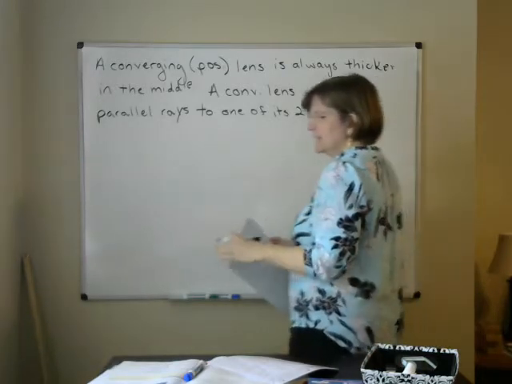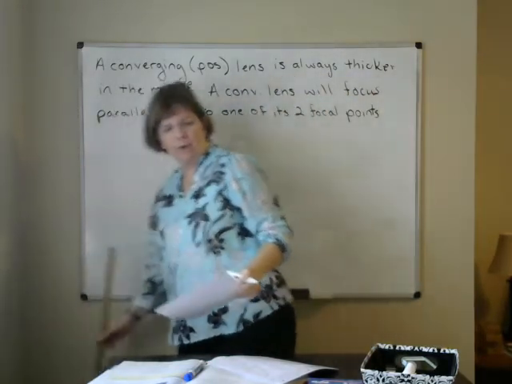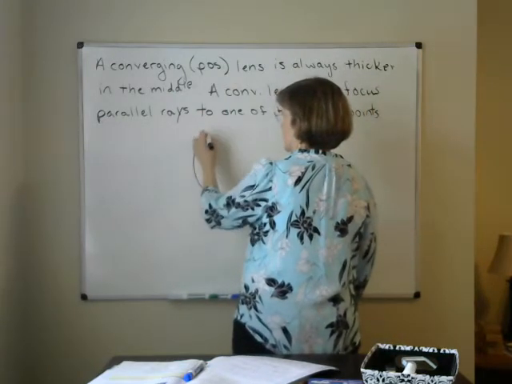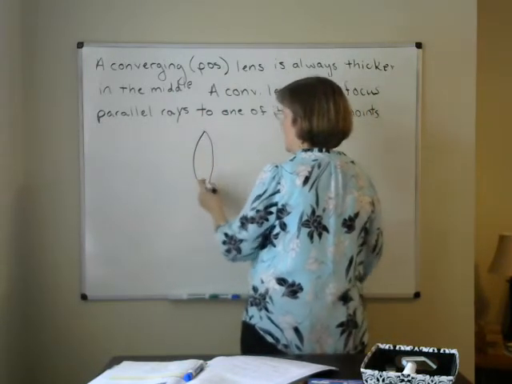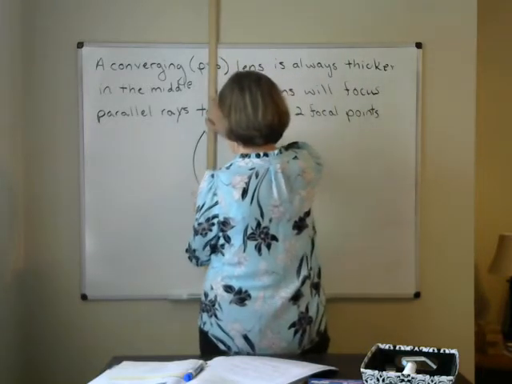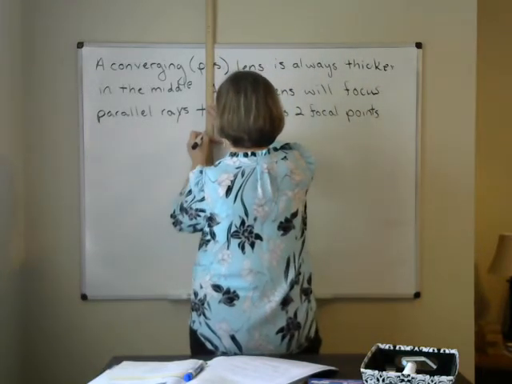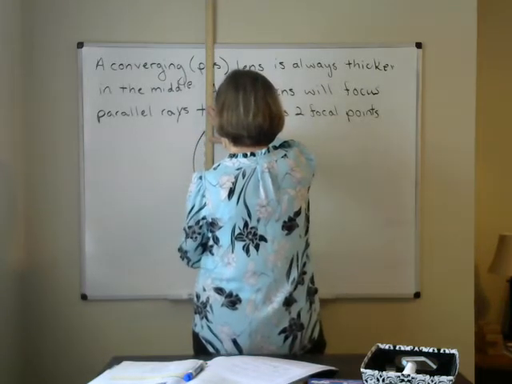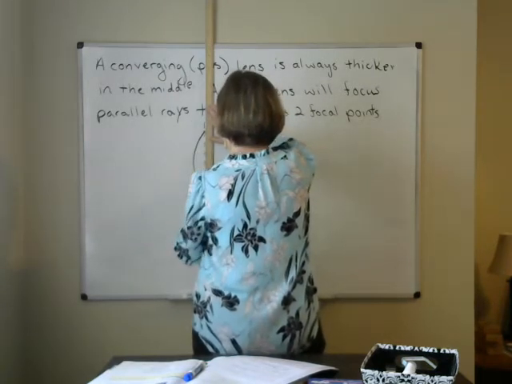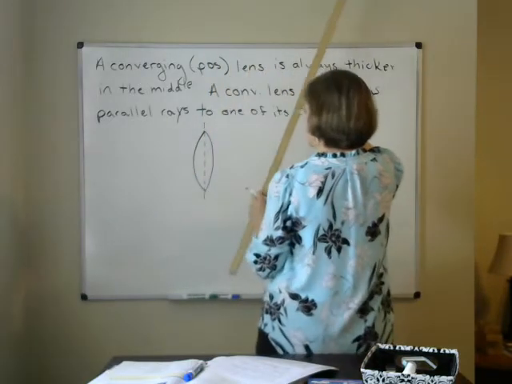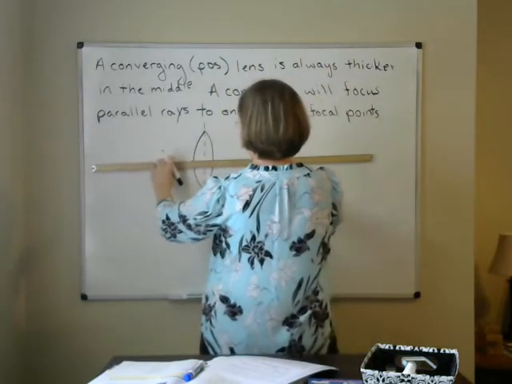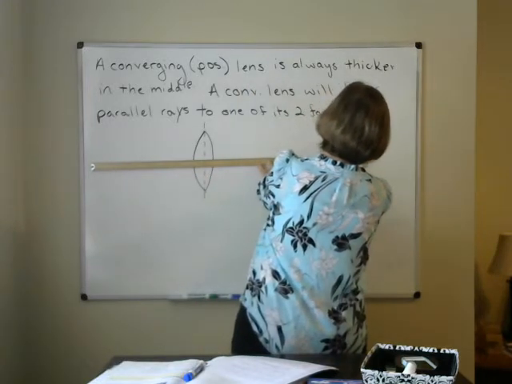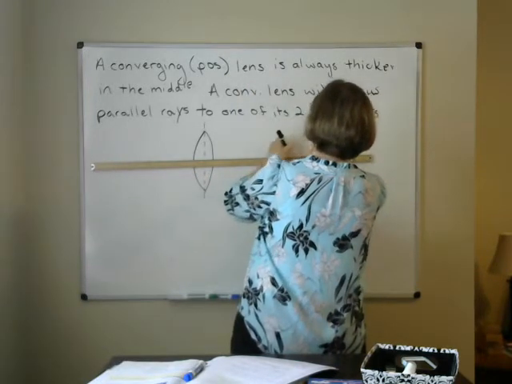Every lens has not one but two focal points. If I draw a lens like this, they don't have to have the same radius of curvature. One side can be curved a lot or flat, and the other side curved some. But we'll draw that vertical line there. And then here's our principal axis right through the middle, or our optic axis that we've had with all our mirrors.